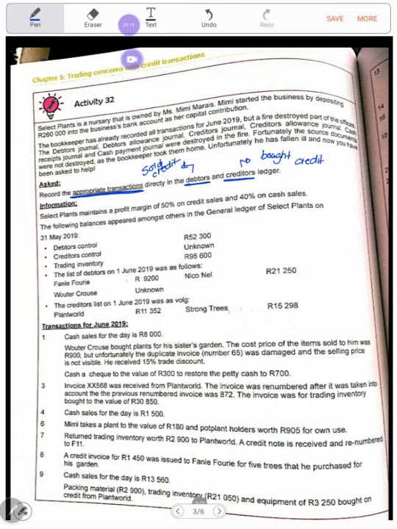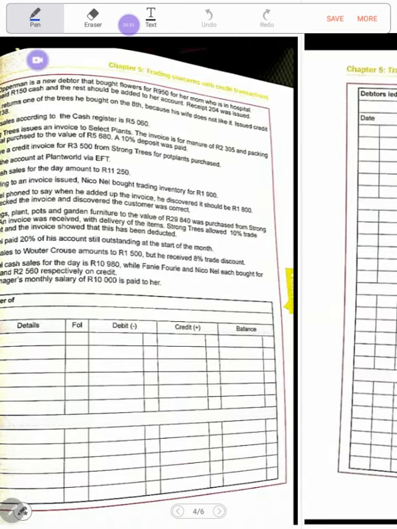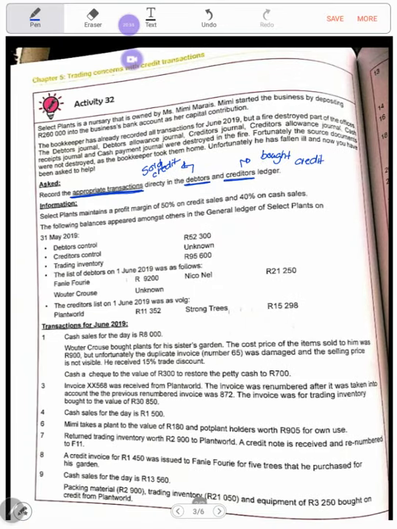Whenever you sold on credit, know that you are working with your debtors. Very important information that you will need to take into account for your debtors ledgers is the debtors list and your creditors list.